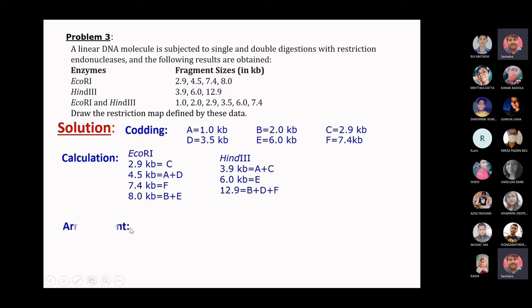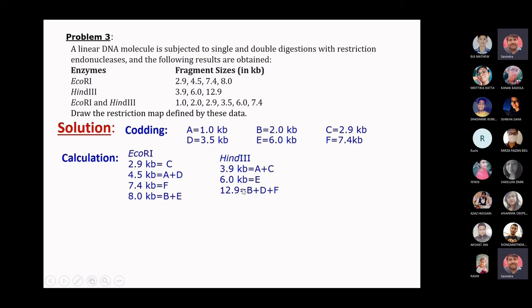So the next step is arrangement. Now in arrangement, Mirza will tell me how to arrange. First, let me tell you what I have taken: A plus D. Before starting the arrangement, one thing, because this is quite a long calculation: are all the codes A, B, C, D, E, F involved in the equations? Yes, all are here.